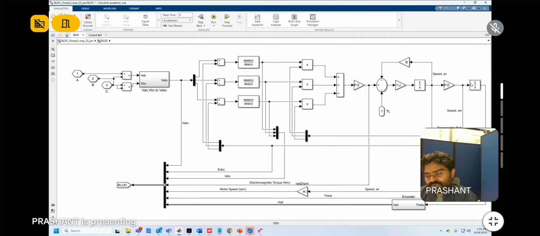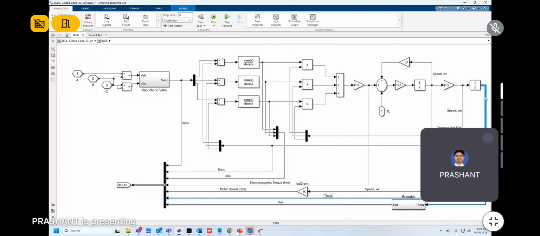Integrating this with 1 by S gives us theta. So this is theta, this is omega. Once we have omega, we integrate to get theta. This is a sensor signal based system, and we are using Hall sensor signals.